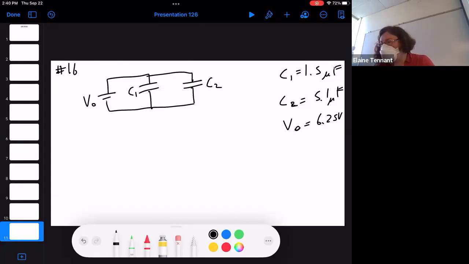For example, part A, they ask for the charge in microcoulombs stored on capacitor 1. So they want the charge in microcoulombs on C1. How could we find that out?